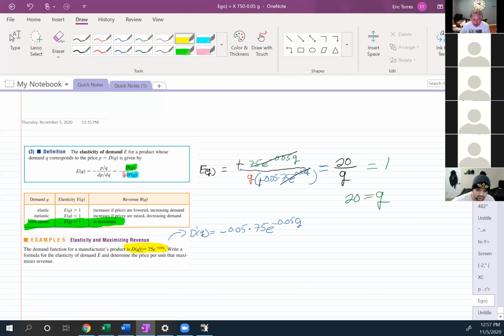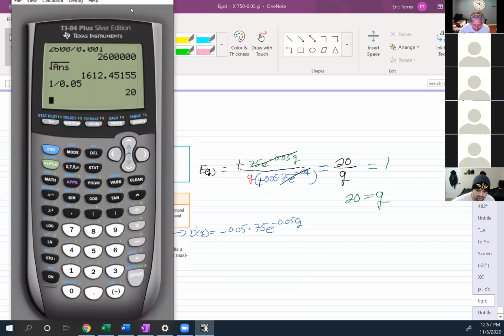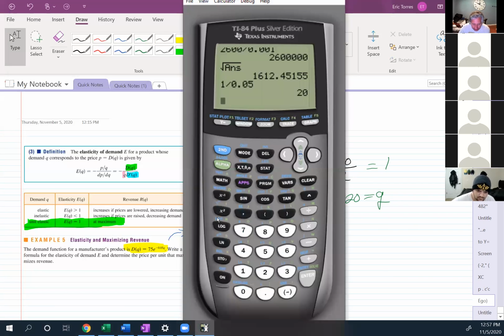So I've got Q equals 20, which means Q is 20 and price is 75 e to the negative 0.05 q, and q is 20. Okay. And let me just check my units here before I speak, because those are important.